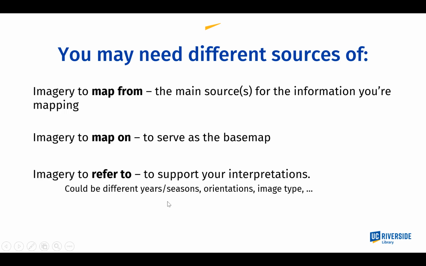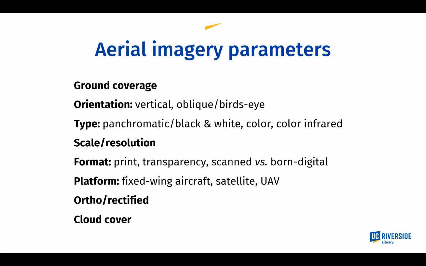Certainly seasonality is important if you're doing things like mapping deciduous trees. Sometimes one season is the best season to figure out if this is that particular type of tree or not, because it looks very different in one season and not so much in the others. So anyway, those are things you can think about as well when you're searching for imagery sources.